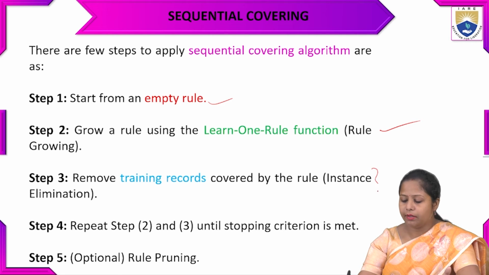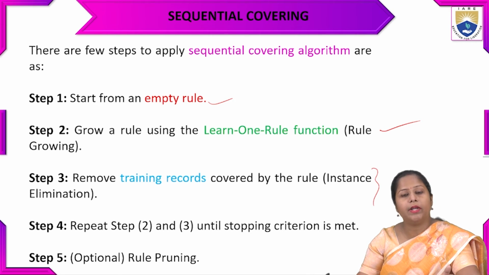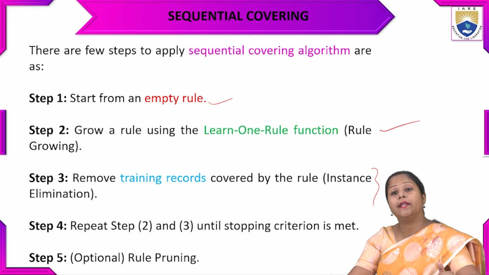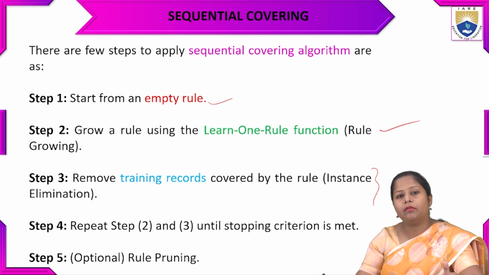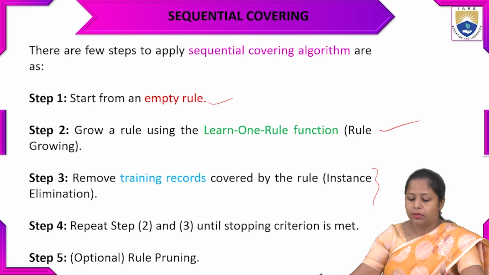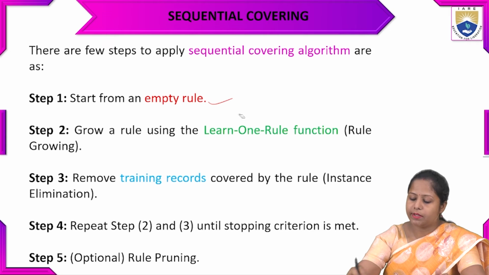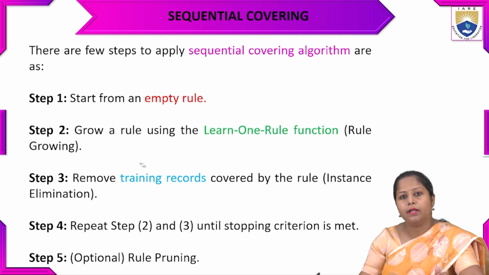After that, in the third step, the classifier is going to remove the training records covered by the rule. The tuples that have been covered by that particular rule will be removed. So that is the instance elimination for that rule.